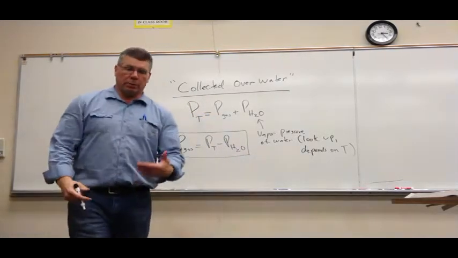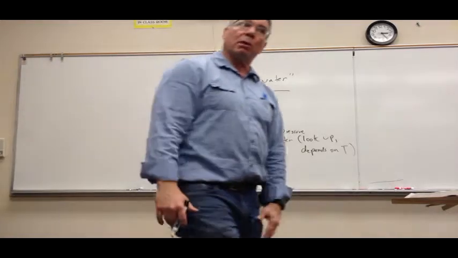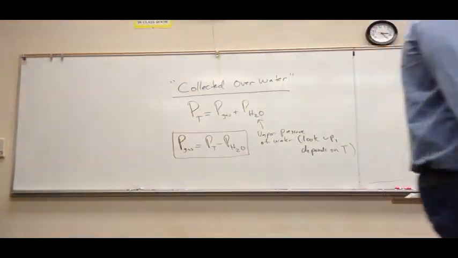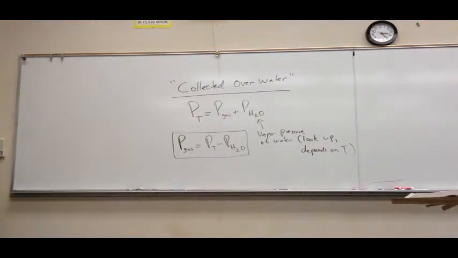Be careful: if an exam problem or homework problem says collected over water, or the experiment is set up so that it has to be collected over water, then make sure you do this. On a multiple choice exam, one of the wrong answers would be what you get if you don't do this. You do everything else, but you don't subtract out the vapor pressure of water. So watch out for that.